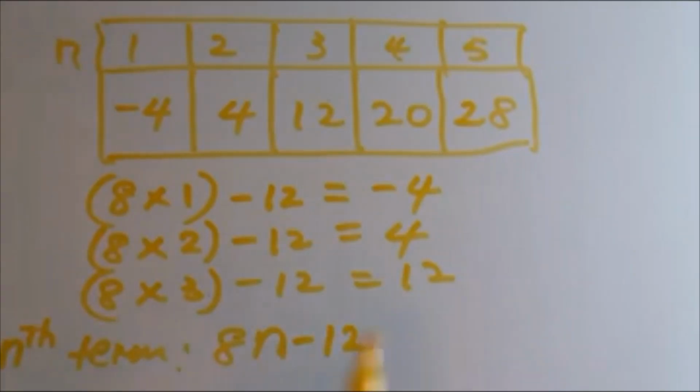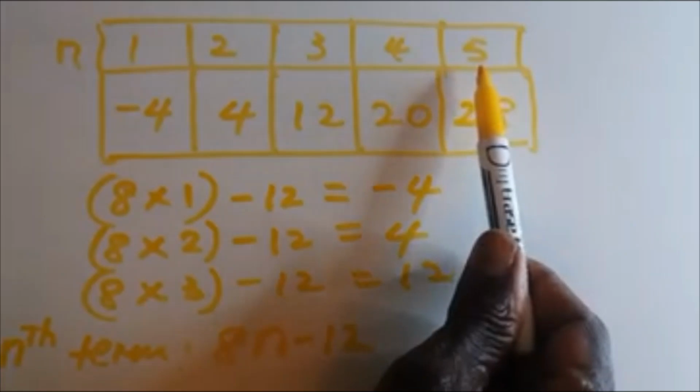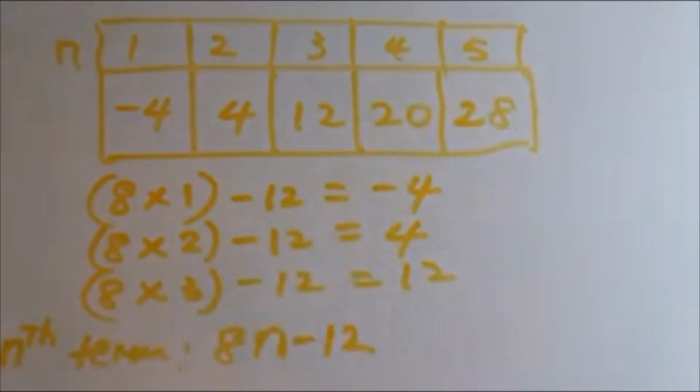Let's check it for the last term. 8 times 5, which is 40, take away 12, gives us 28. So that's a check that this nth term, 8n minus 12, is correct for this sequence of numbers.